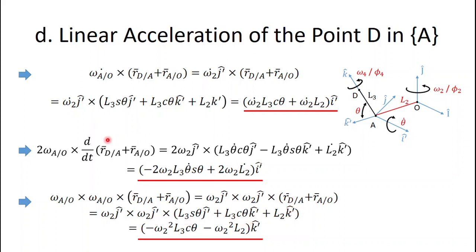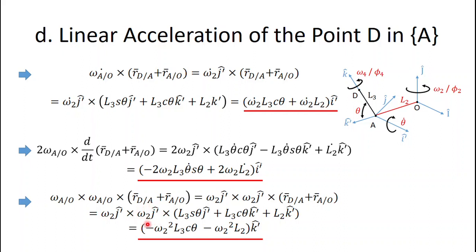Again, this R d and A plus R A and O is just the sum of the position vectors, which is L3 sine of theta j prime plus L3 cosine of theta k prime plus L2 k prime.